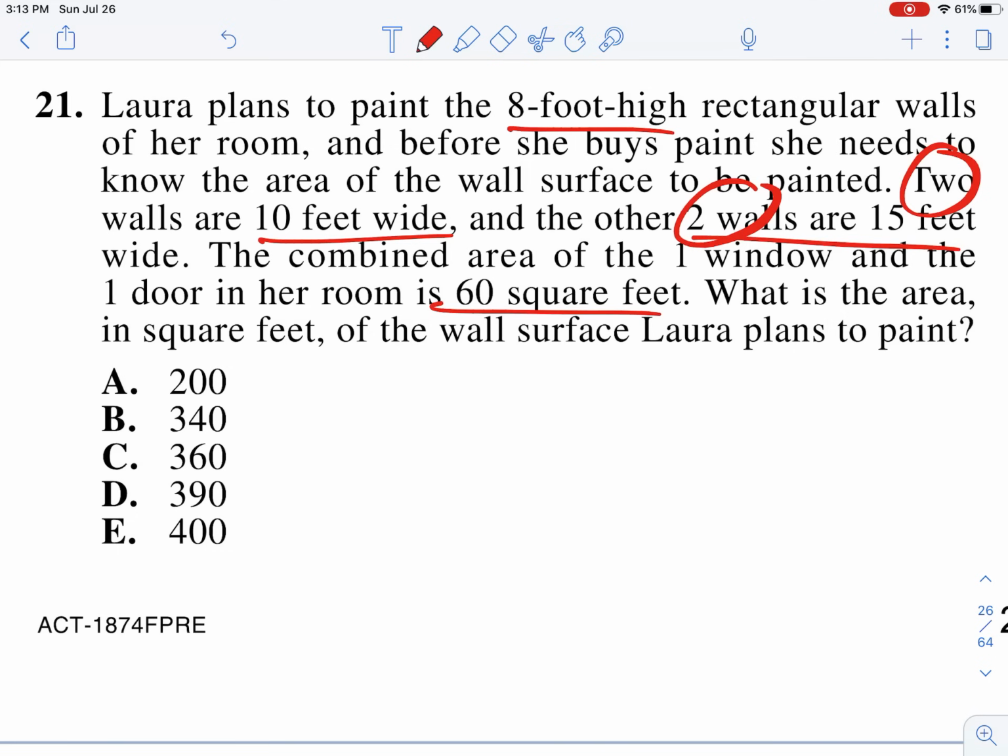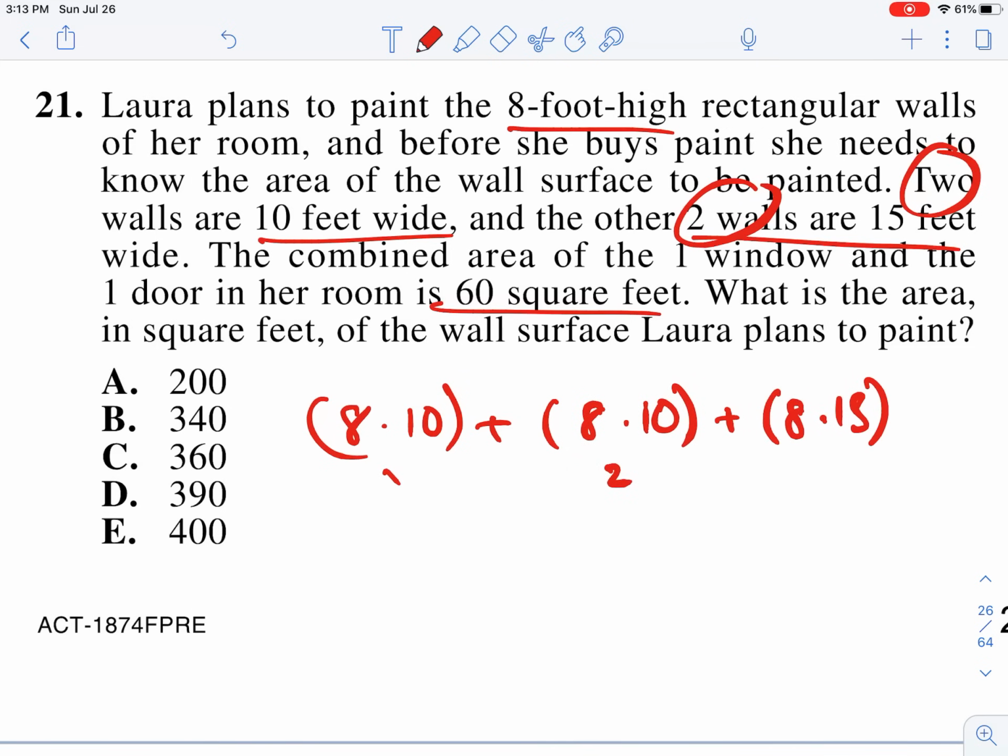So let's write out the full area of the 4 walls. Think of your room. We have 8 foot times 10, that's wall 1, plus 8 foot times 10, wall 2, plus 8 foot times 15, plus 8 foot times 15. Okay, so we have the 4 walls, that's the total area.